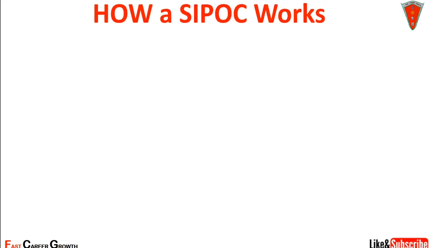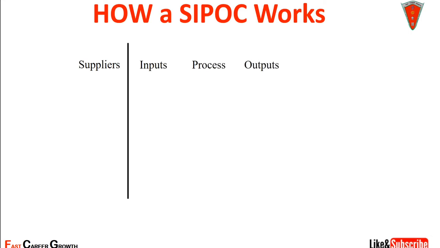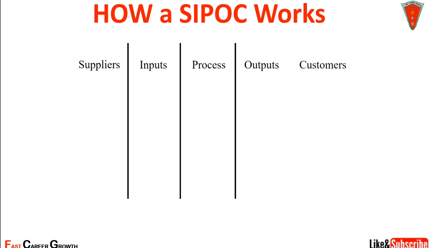How to make a SIPOC and how a SIPOC works. First you have to write supplier, inputs, process, outputs and customers.